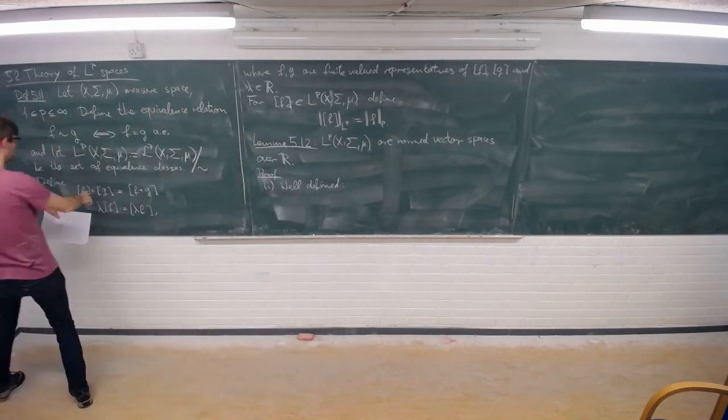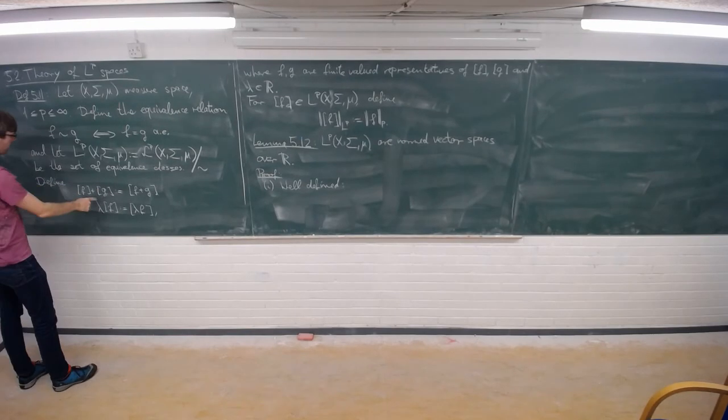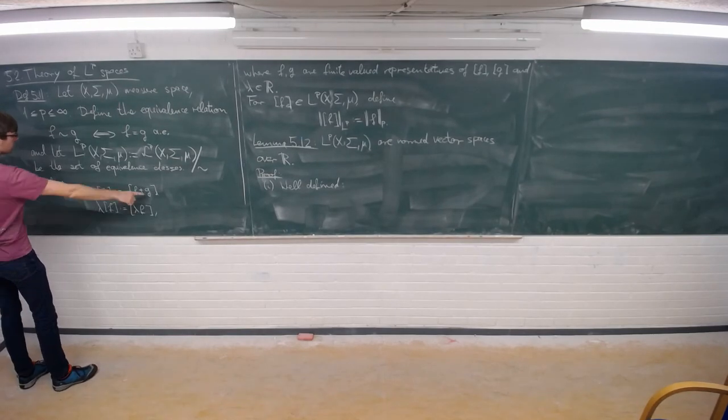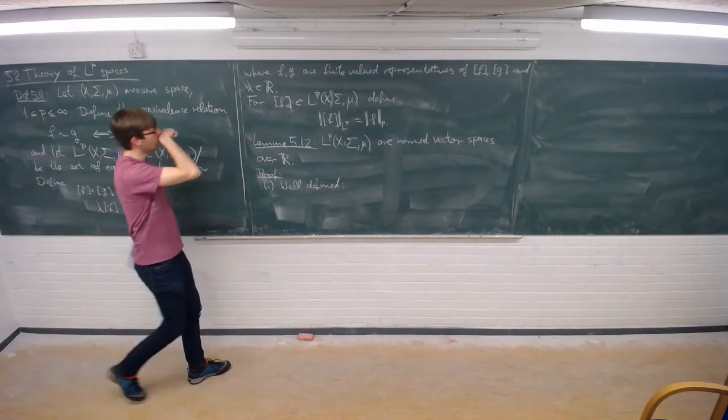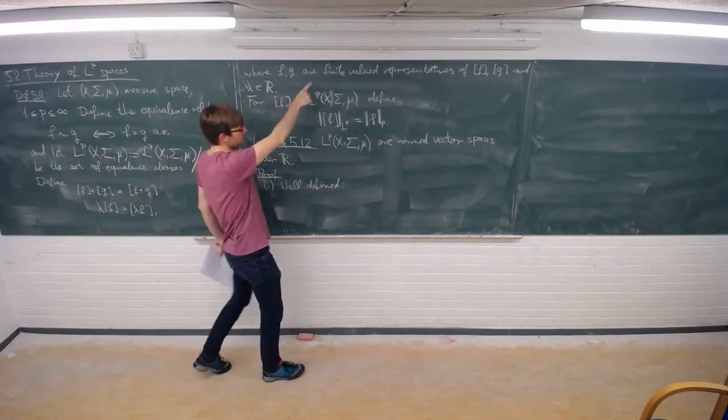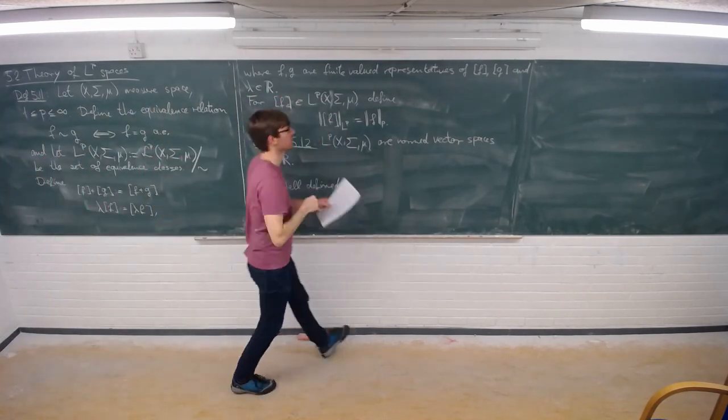Okay, so let's start with the sum. F plus G was defined by this formula, where f and g are finite valued representatives.